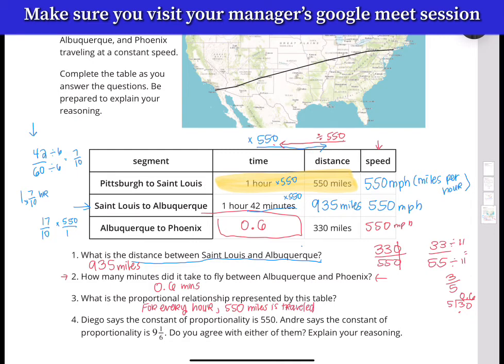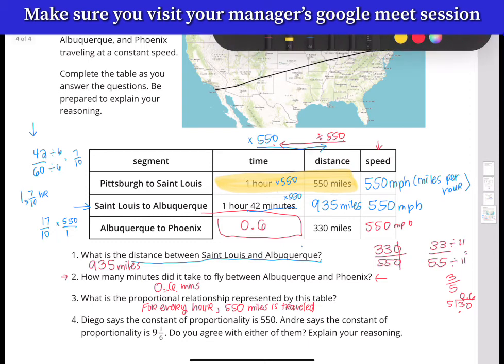Okay, so I want to go back to question number 2 because I think I moved too fast. I said that was 0.6 of a minute, but in all the times it's saying that it's hours, okay? So I need to convert this back to minutes.